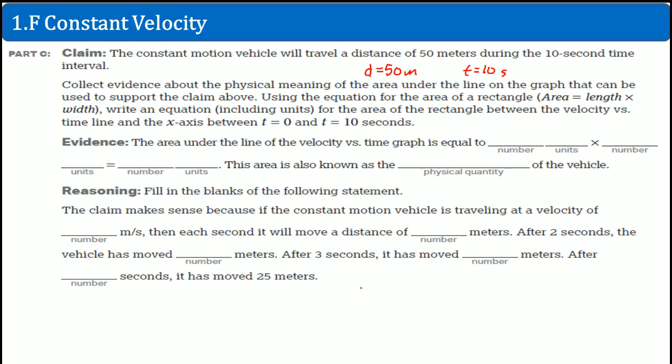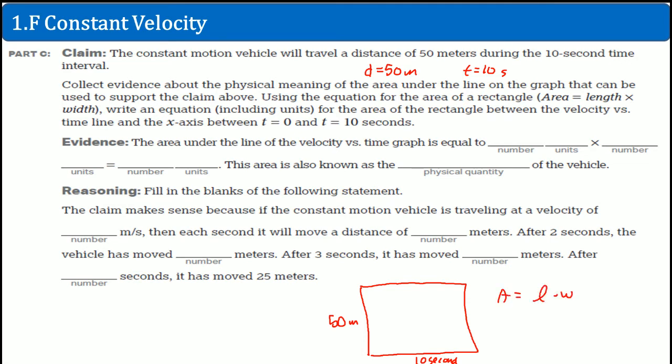Let's just draw it down here for you to get a better visualization. We know that this was time, and the time was 10 seconds. All right. And the height here was 5 meters per second. Okay. So the area under the line of the velocity graph is equal to what? Length times width.